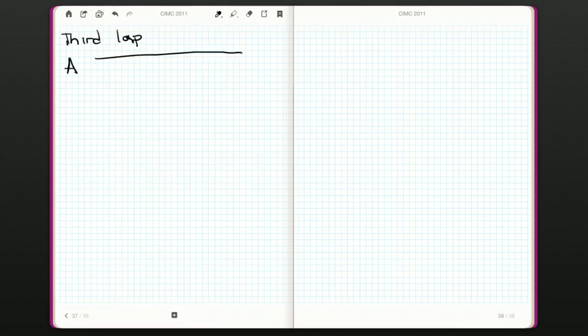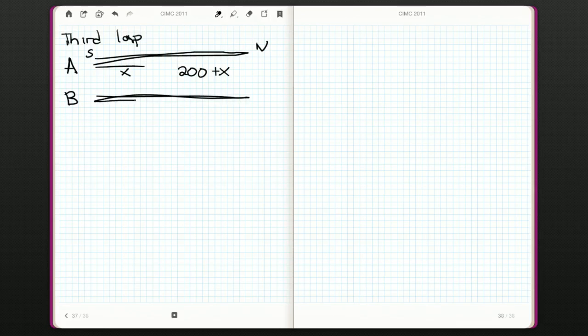Alice has gone back and forth, so she's gone from S to N. And now she's come back just a little bit. So she has swum 200 plus X as her distance so far. Okay, now what about Betty? Well, Betty has again done something back and forth, back and forth, back and forth.